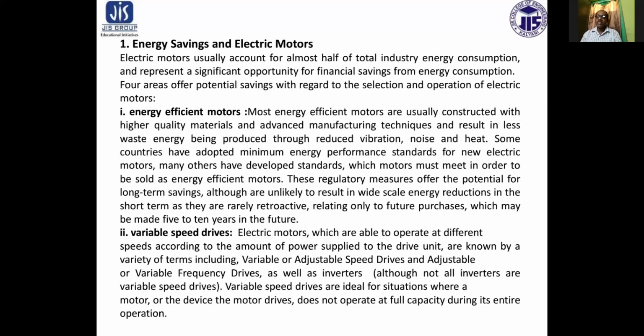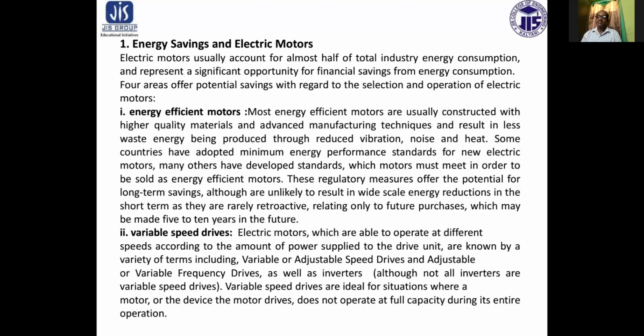Most energy efficient motors are usually constructed with higher quality materials and advanced manufacturing techniques and result in less waste energy being produced through reduced vibration, noise, and heat.